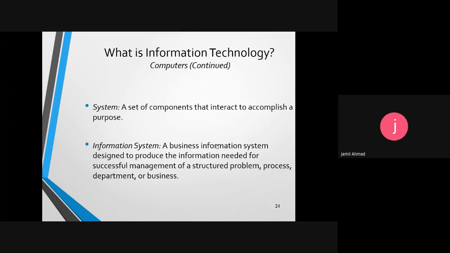So, a system is a set of components that work together to accomplish a purpose. A business information system is designed to produce the information needed for the successful management of structured problem processes, departments or businesses.